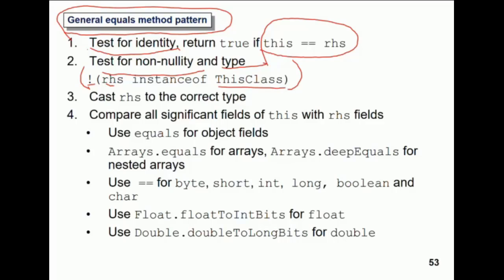And then the next thing we need to do is cast the right-hand side to the correct type. And then we compare all the significant fields. So we use equals for any object fields. Okay. So you might want to compare some object fields, but you might also want to compare the primitive type.